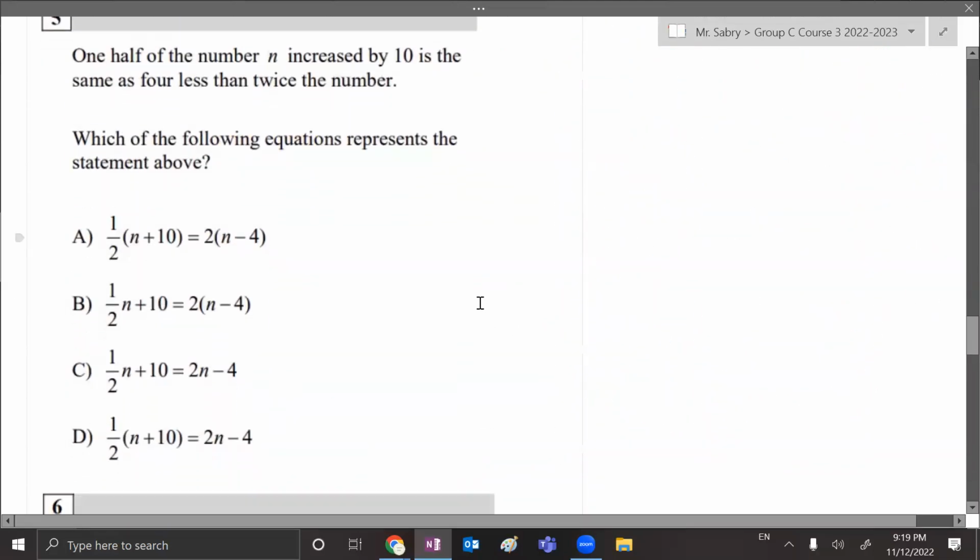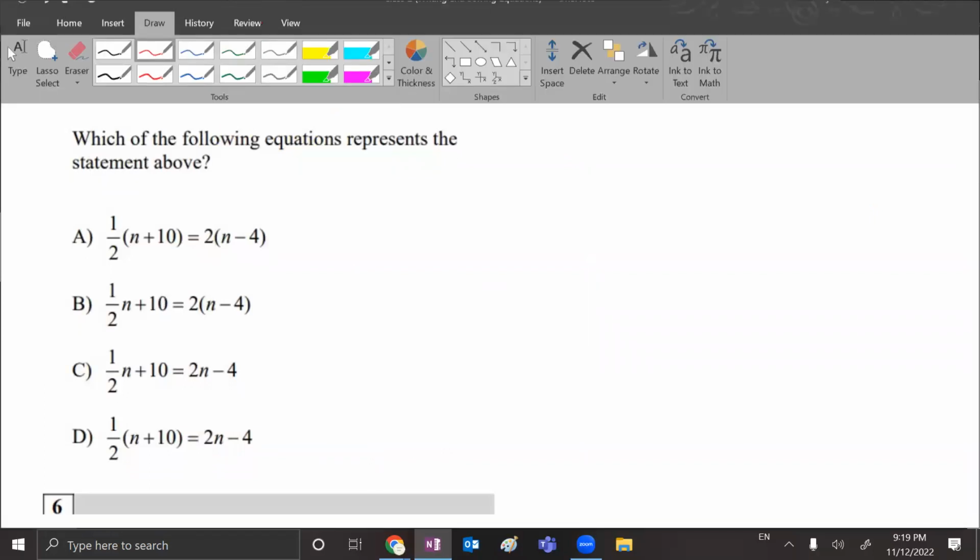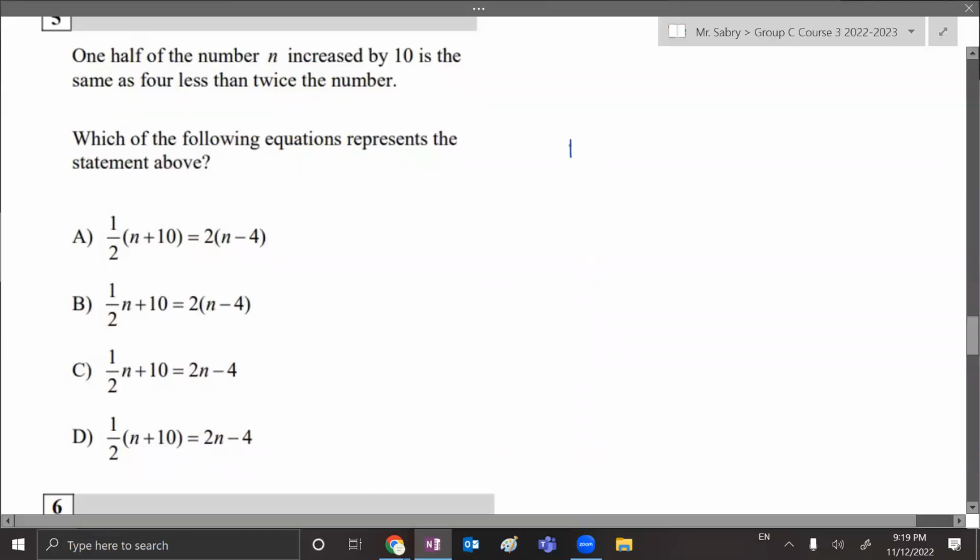Now, if you check number 5, it says here 1/2 of the number n, so half n, is increased by 10, so plus 10, is the same as, that means equal, 4 less than, so something minus 4, twice the number x, 2x. See, literal translation.